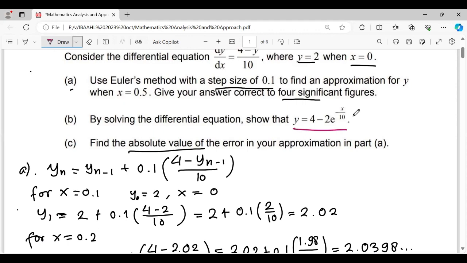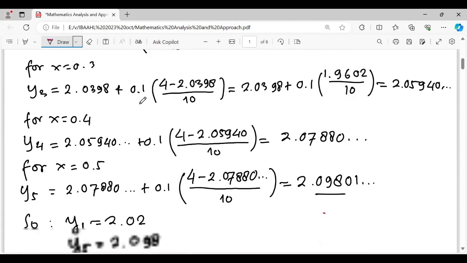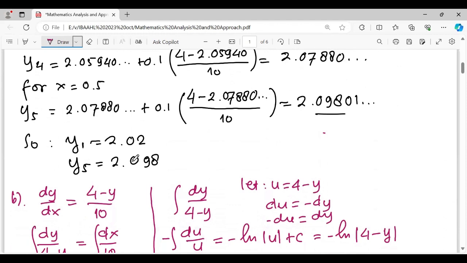Part C: find the absolute value of the error in your approximation in part A. So x equals 0.5, and the result is this one.